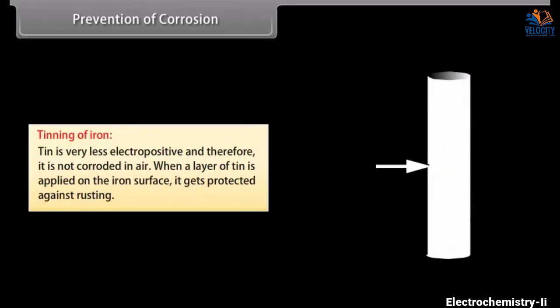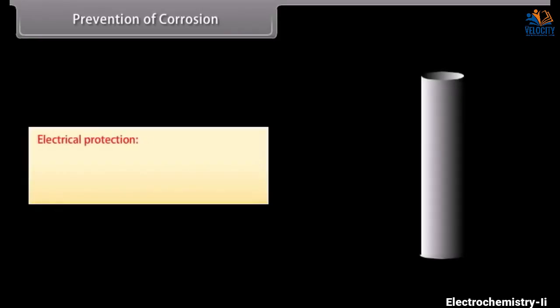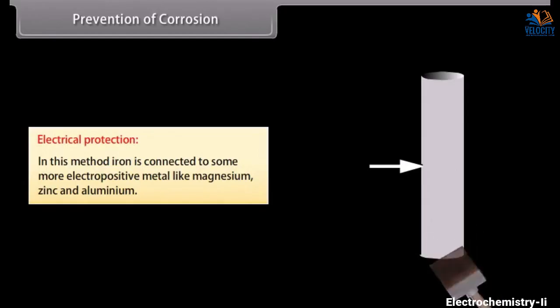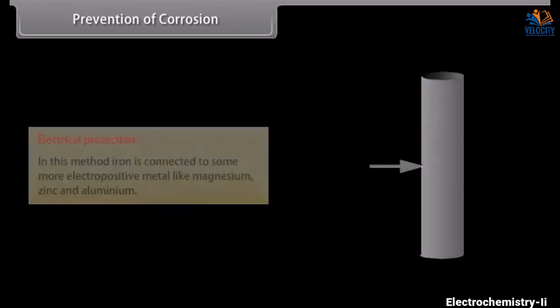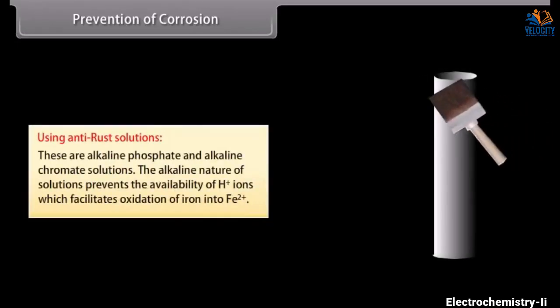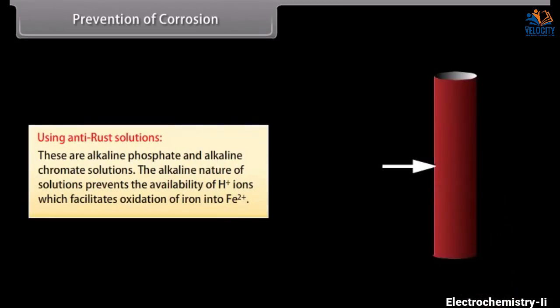When a layer of tin is applied on the iron surface, it gets protected against rusting. Electrical protection. In this method, iron is connected to some more electropositive metal like magnesium, zinc and aluminium. Using anti-rust solutions. These are alkaline phosphate and alkaline chromate solutions. The alkaline nature of the solutions prevents the availability of H+ ions, which facilitates oxidation of iron into Fe+2.